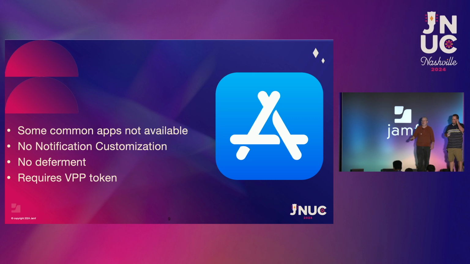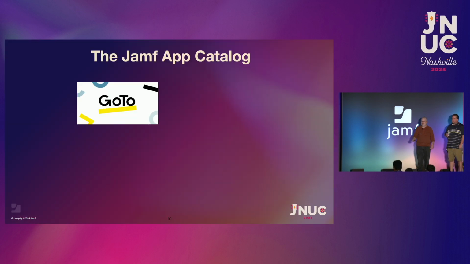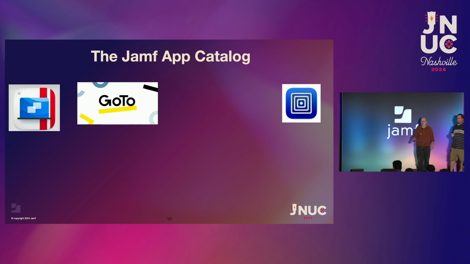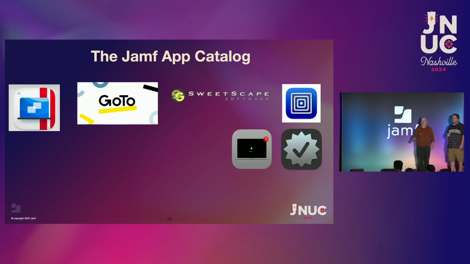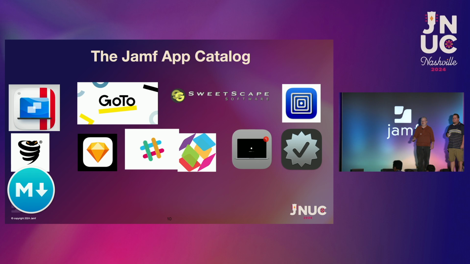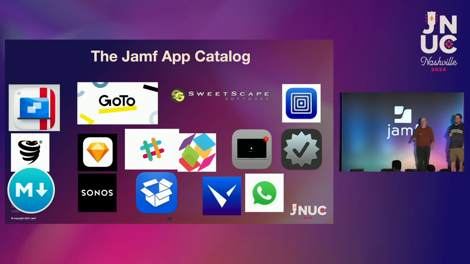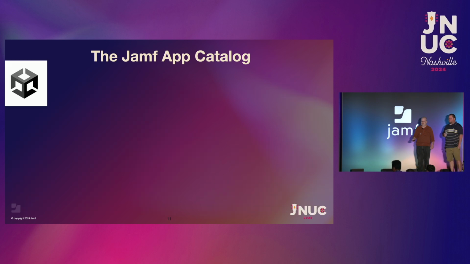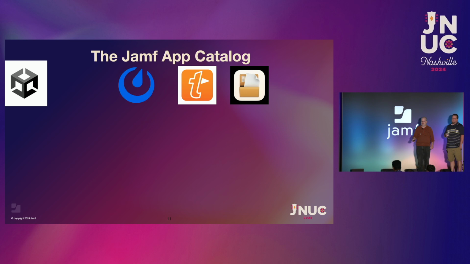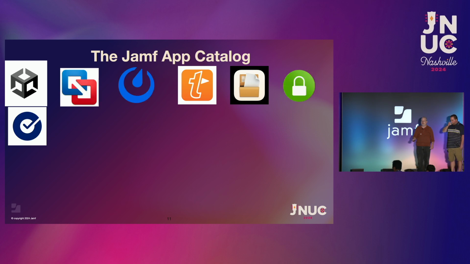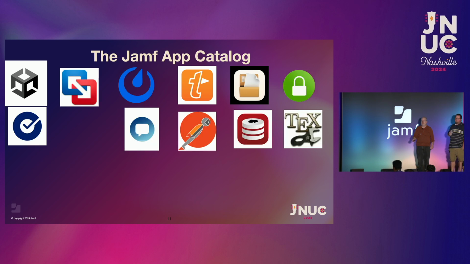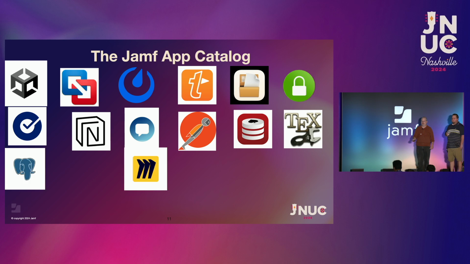So now we have the Jamf app catalog, and you're about to see a lot of these right now. Bear with me, I was a graphic designer in my former life. I love logos. But this is how big the catalog is, and it's growing every single day.